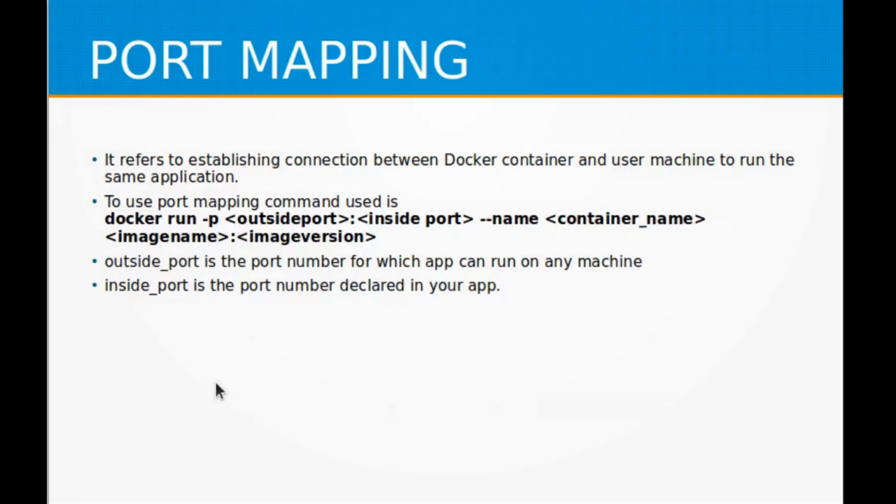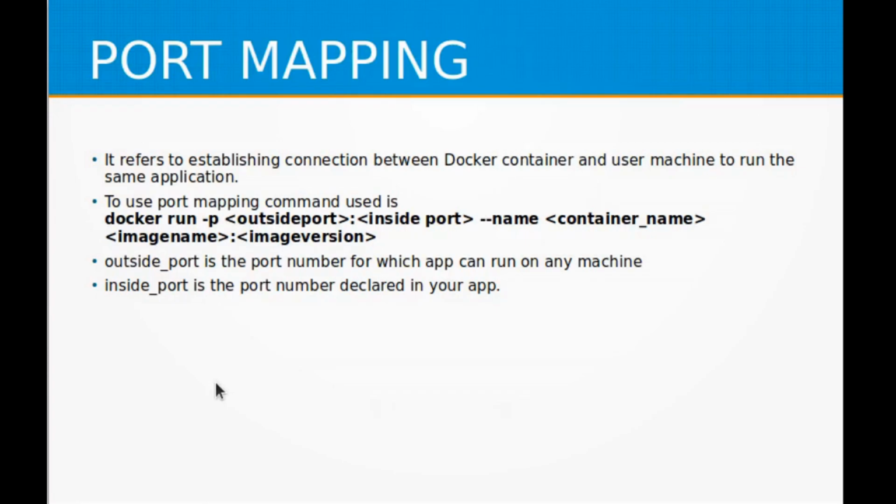If we want to use the port mapping feature, we have to use a docker run command with the -p tag. As you can see on the screen, the command highlighted in bold is docker run -p, the outside port, colon, the inside port it is mapped to, then the name of the container, the image name, and the image version.